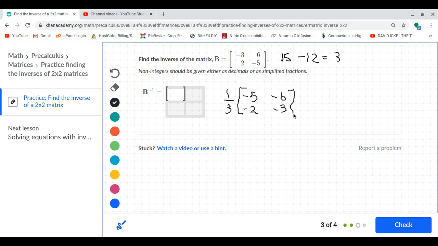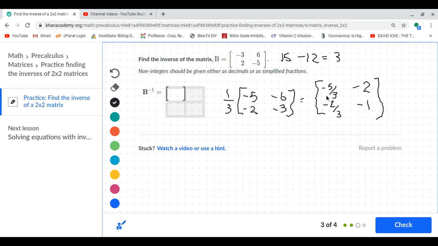Okay. So we're going to have fractions in this one. So the top, we're going to have negative 5/3. Then 1/3 of negative 6 is just negative 2. 1/3 of negative 2 is negative 2/3. And 1/3 of negative 3 is negative 1.